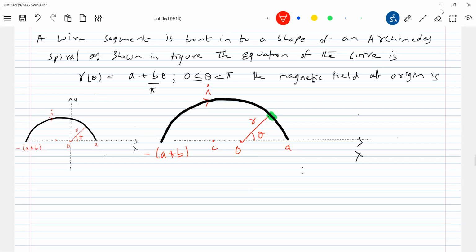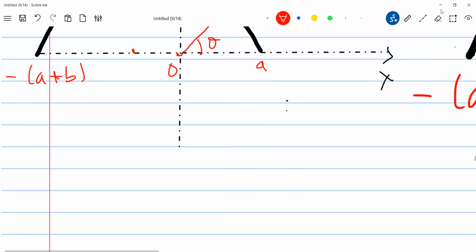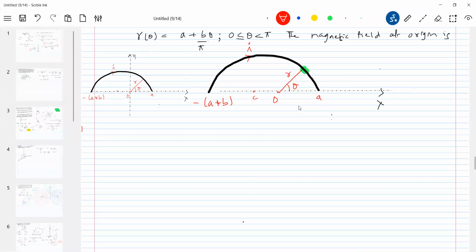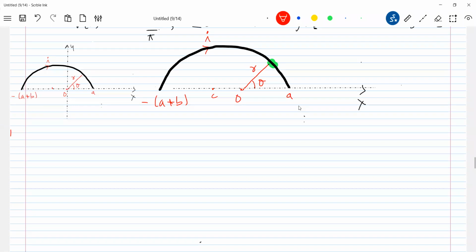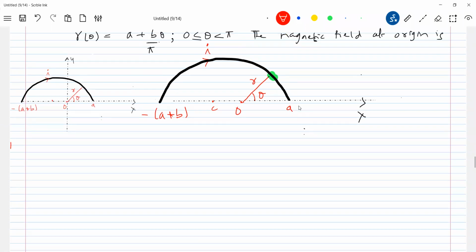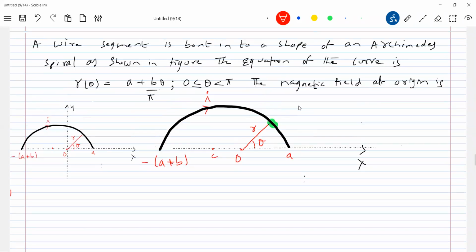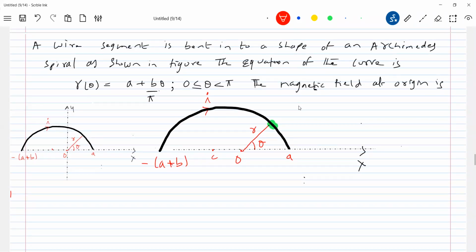So r d theta. So if I take this triangle, if it were a circle, then how do we get that current element? Let the length of this current element be dl. Here dl is our current element.